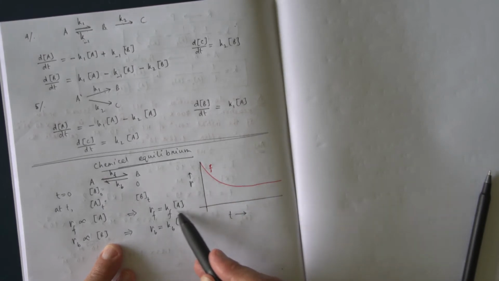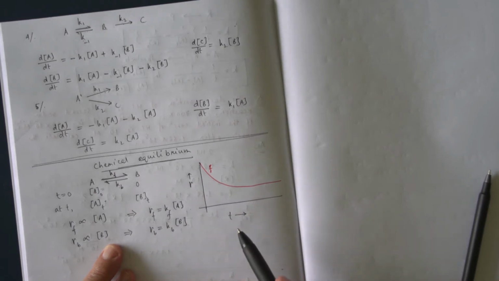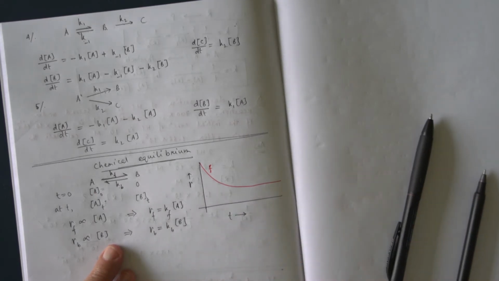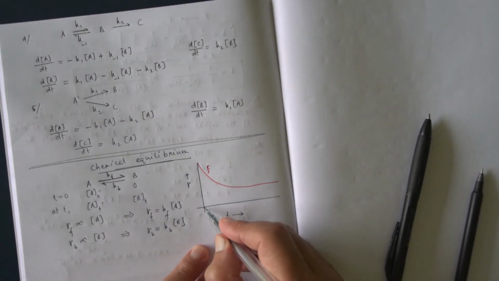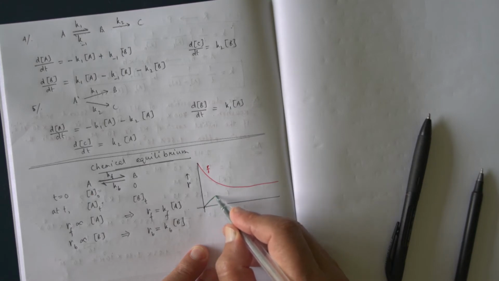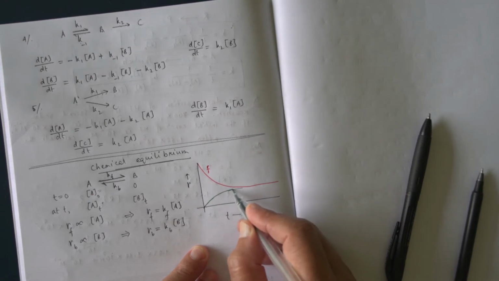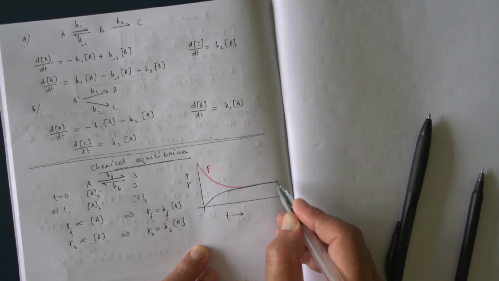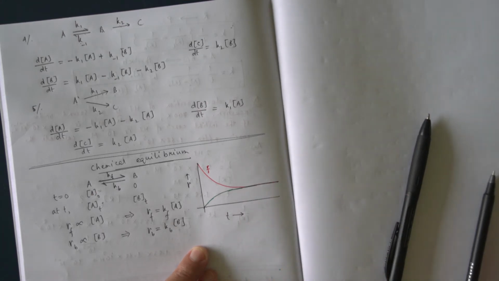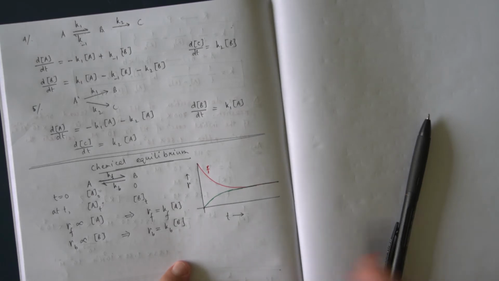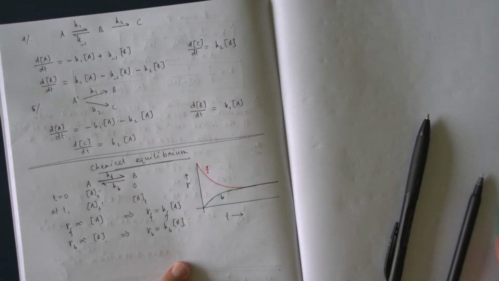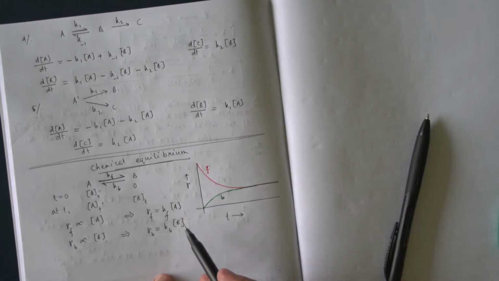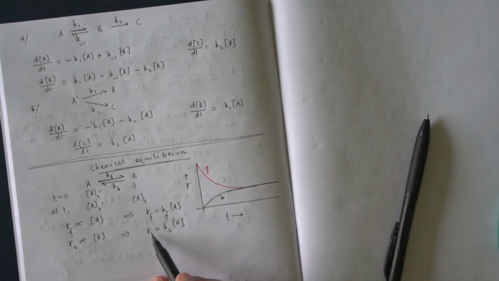Because A decreases. Similarly, the speed of backward reaction will increase like this. This is for backward reaction, because concentration of B gradually increases, so speed of backward reaction gradually increases.